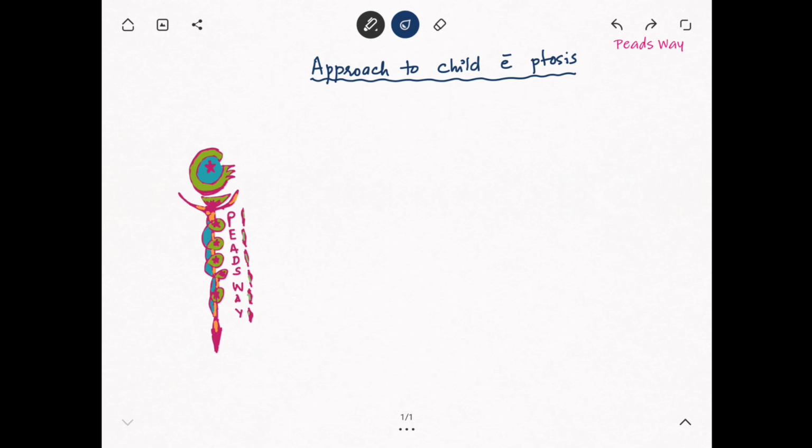So, if you find a child with ptosis, first of all, what you are going to see? Inspect. First of all, inspect the child. Look for any dysmorphism. If the child is dysmorphic, then you have a very narrow differential.